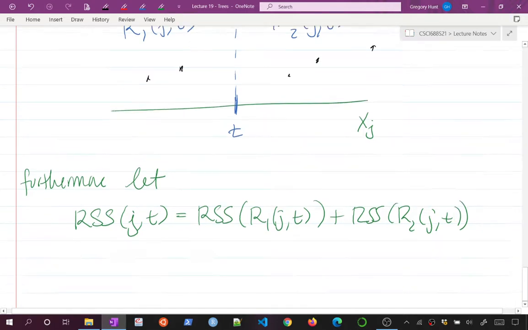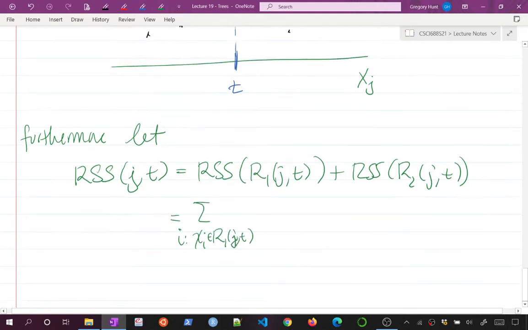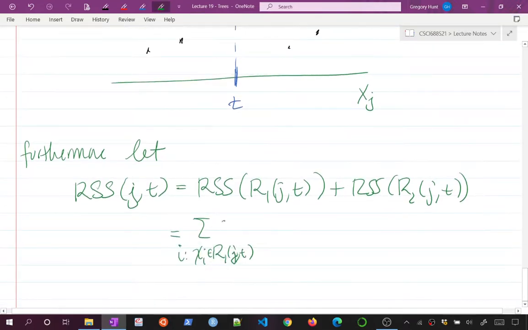So we can even write this out mathematically. This is the sum over i where xi is in R1 j,t of the corresponding yi's minus whatever value we predict.